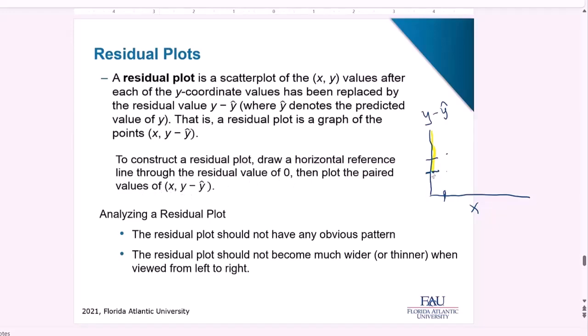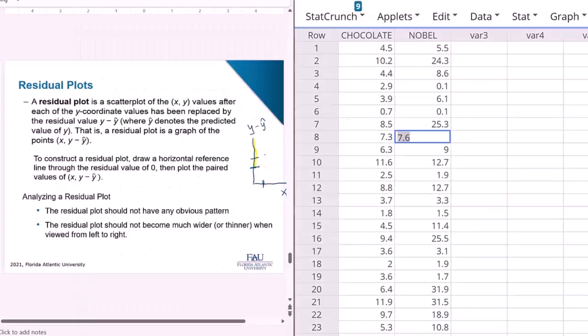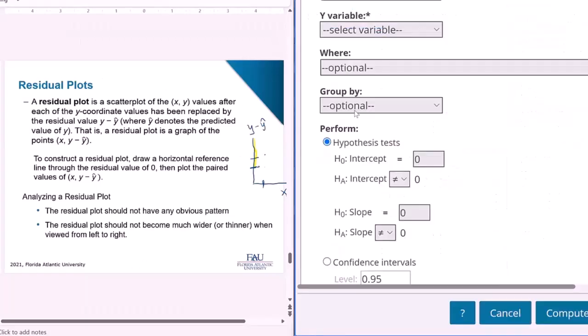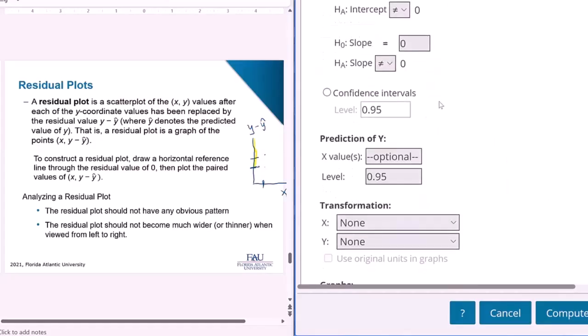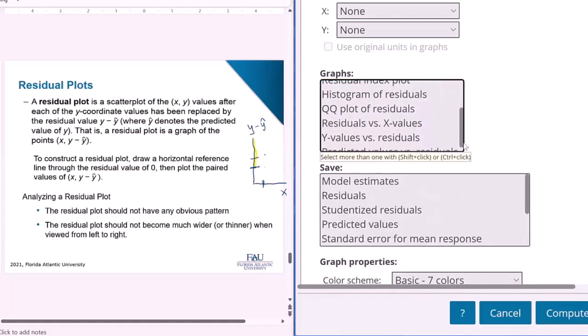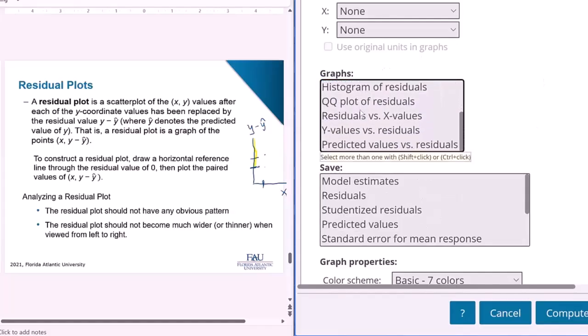I'm going to bring back StatCrunch and go Stat, Regression, Simple Linear. We're going to do everything like we did before. And then in these different kinds of graphs, we're going to do our residuals versus X values.